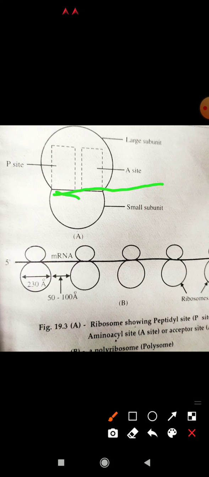There are also some protein digesting enzymes like proteases, and the larger subunit protects these proteins from the protease enzymes.